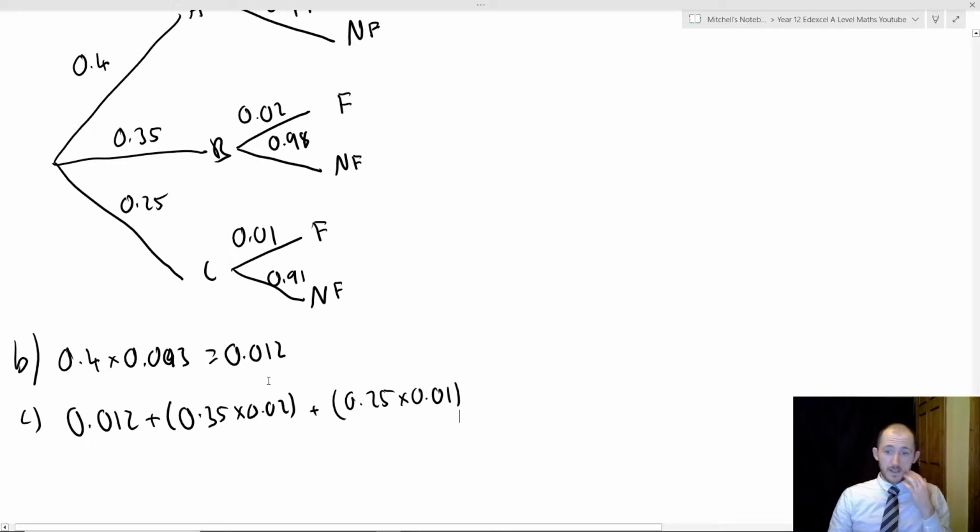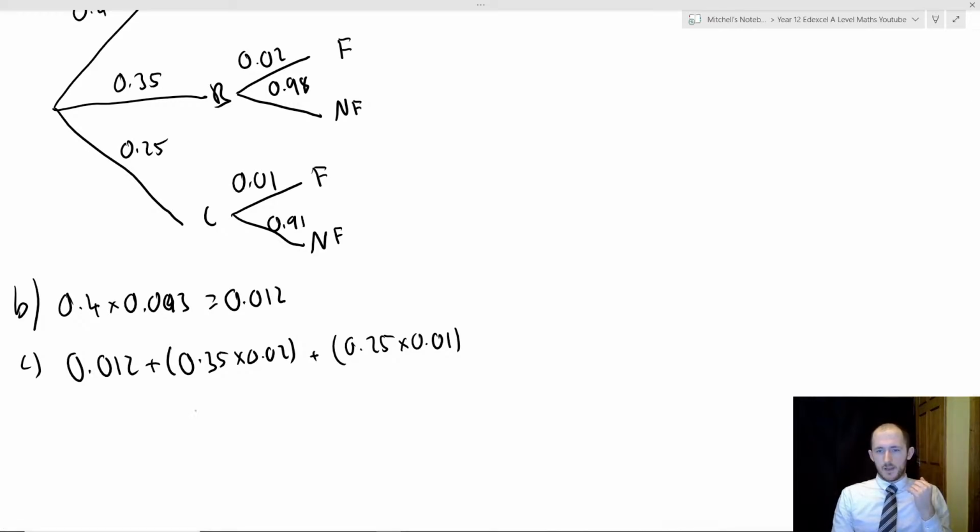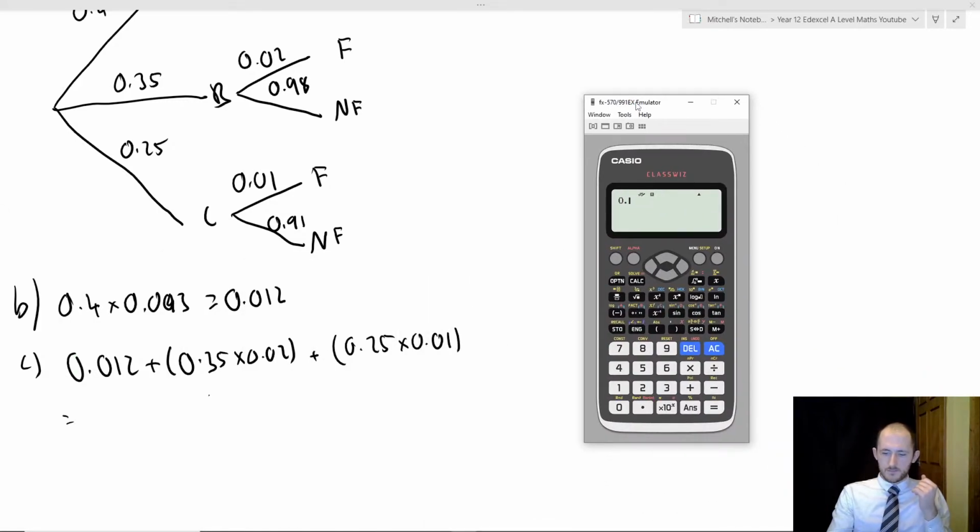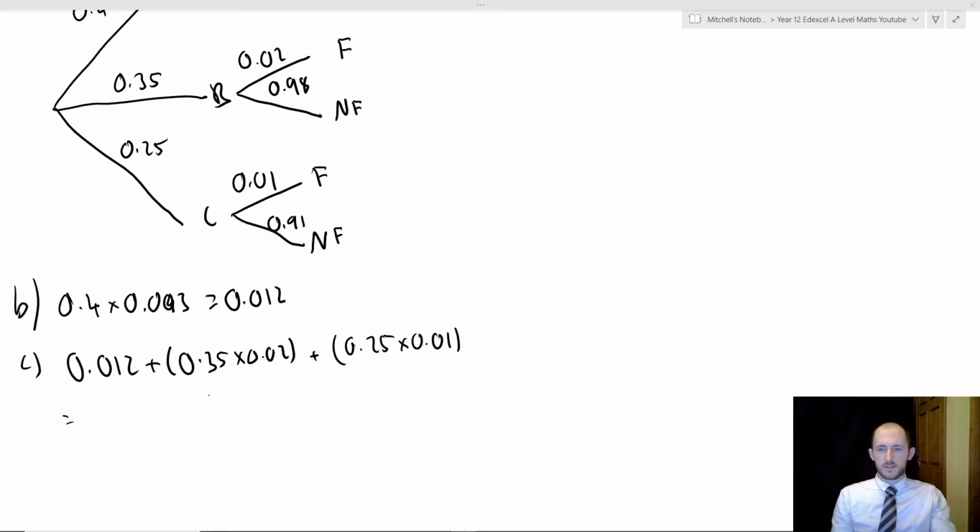So that should just be 0.07, right, and then 0.025. Add that together. Or I'll just do the whole thing, it's fine. 43/2000, 0.0215. Okay.